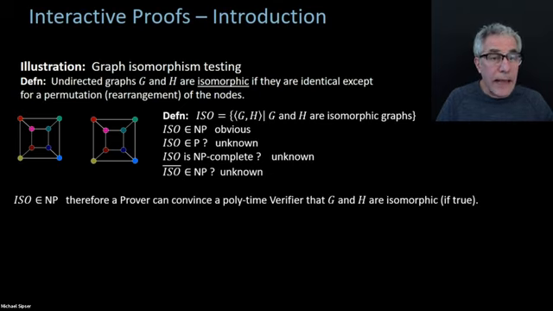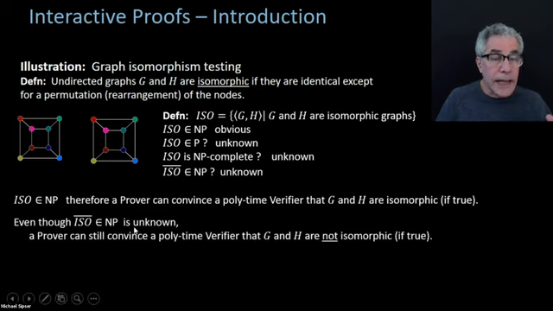Now, for the non-isomorphism case, we don't know that the problem's in NP, but it's still possible for a prover to convince a verifier that graphs are not isomorphic if you change the rules of the game slightly.